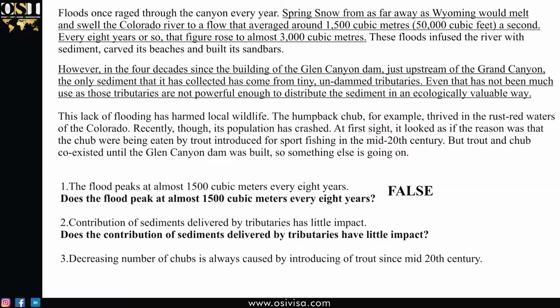But it doesn't mention the quantity of the sediment, the effect of the sediment. It just says that it has collected some sediment. So let's get back to our question. Does the contribution of sediments delivered by tributaries have little impact? So by reading this paragraph, I can't really say whether it has it or not. So I'm just gonna say it's not given.